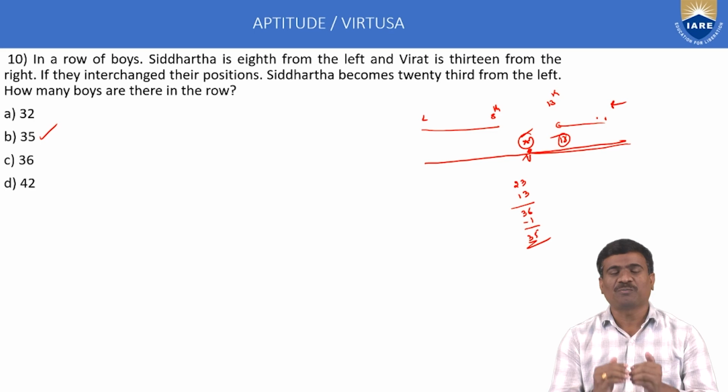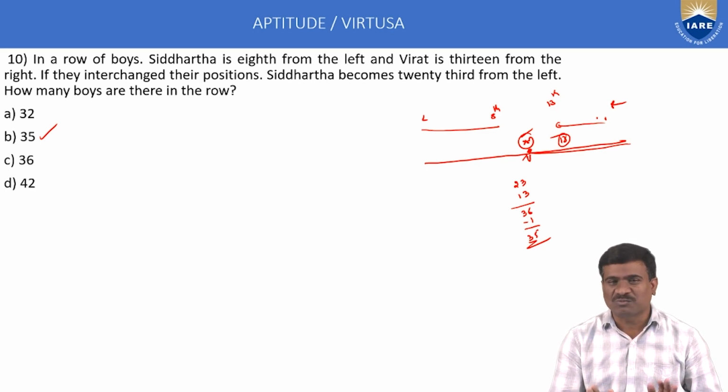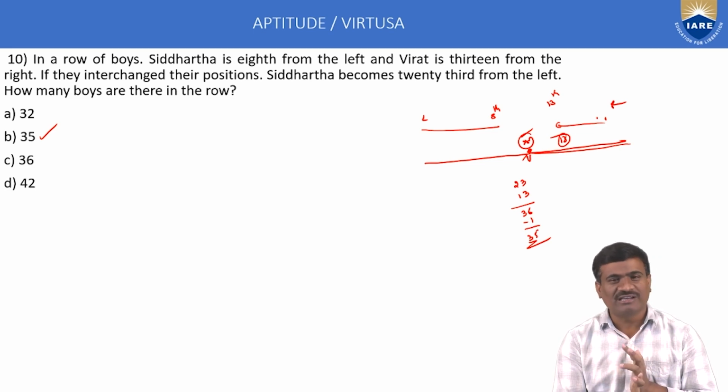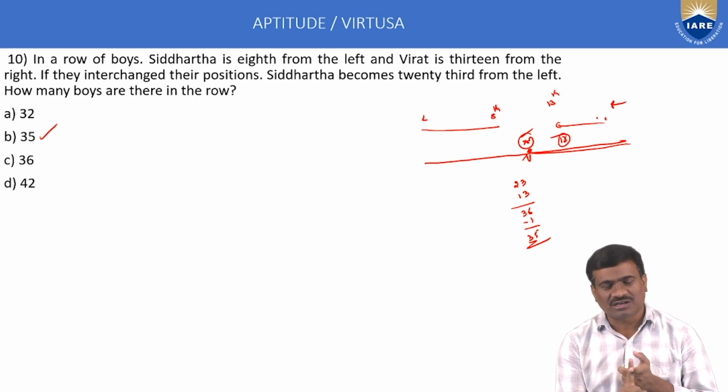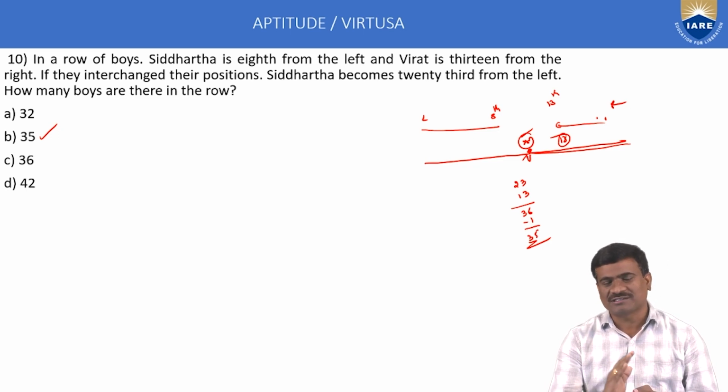If you prepare the topics' basics as well as applications, that is enough to prepare for these companies' aptitude test patterns. One is Virtusa, second Amazon, third Volkswagen, next Tech Mahindra, even Accenture I think has the same test pattern. Next LTI, L&T Infotech.